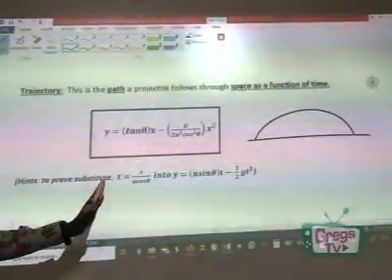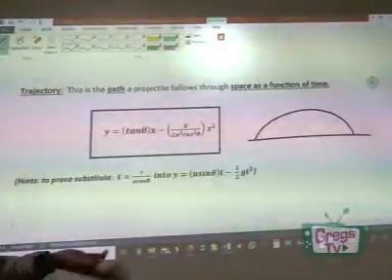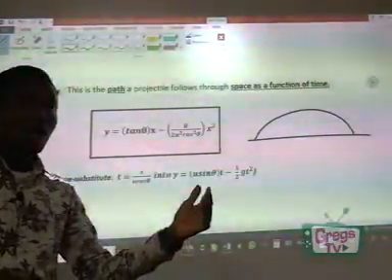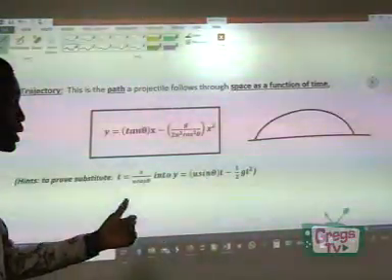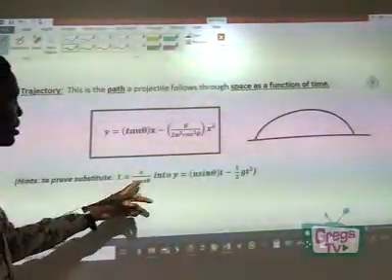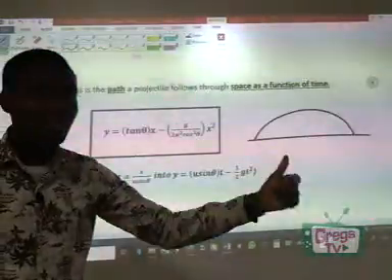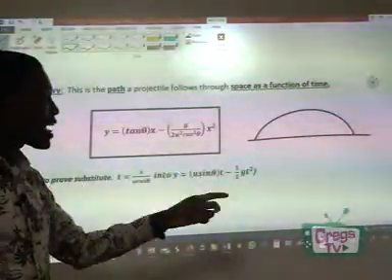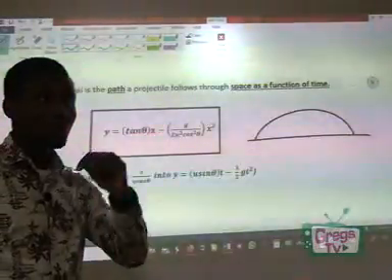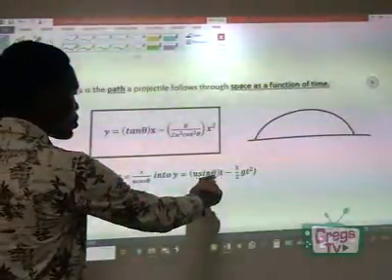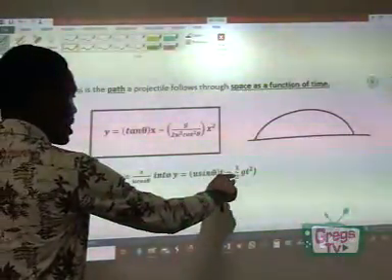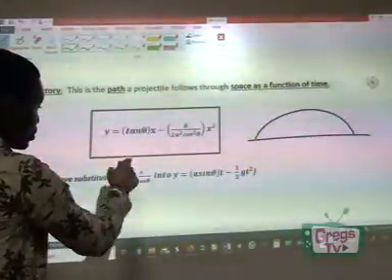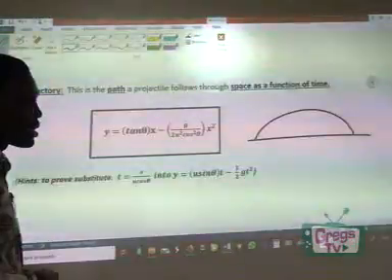And I actually gave a hint on how you can derive this. All you need to do is take the instantaneous distance covered, which is the horizontal distance covered, make t the subject of the formula, and substitute it into the distance covered in a particular time for the vertical component, which is y equals u sin theta multiplied by t minus half gt squared. If you substitute this into this, you will get this equation.